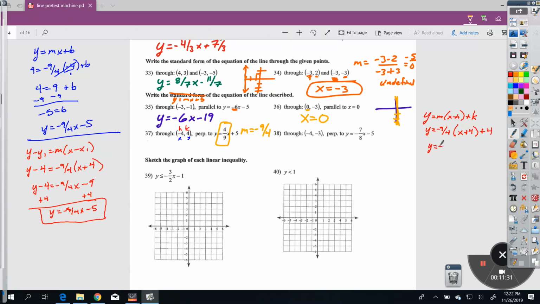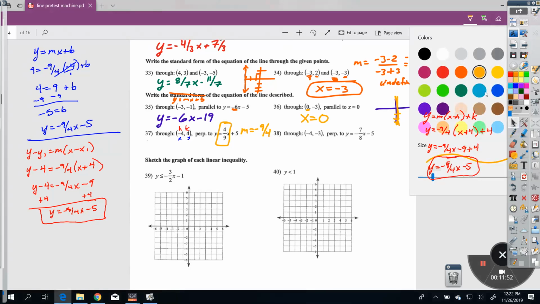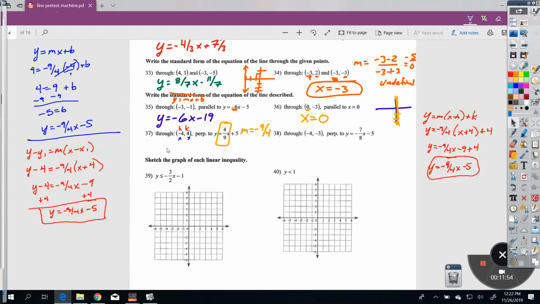So y equals negative 9/4 x, negative 9/4 times 4 is negative 9, plus 4. So y equals negative 9/4 x minus 5.